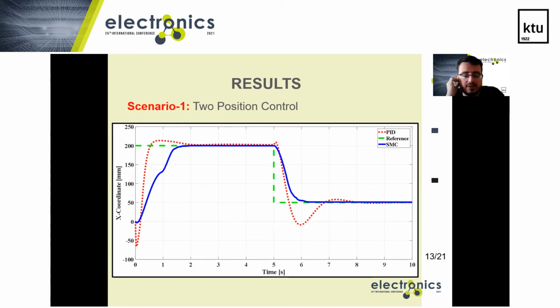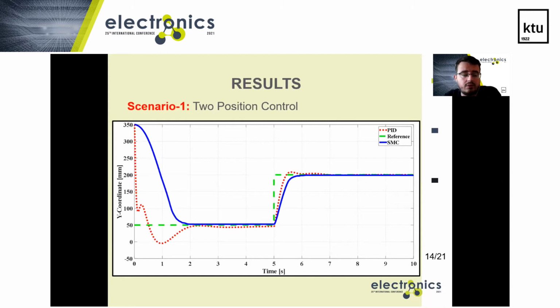If we check this graph, with the green line for reference, the sliding mode controller has better performance than the PID control structure. And the Y coordinates are shown in this figure.